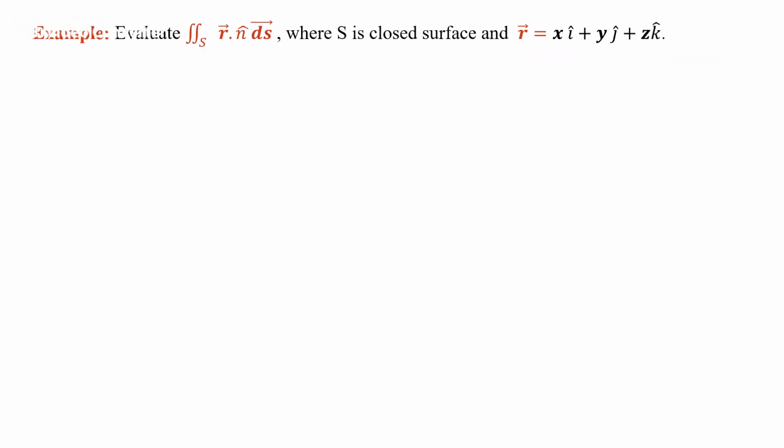Example: evaluate the double integral of r dot n ds where S is a closed surface and the vector function r is xi plus yj plus zk.